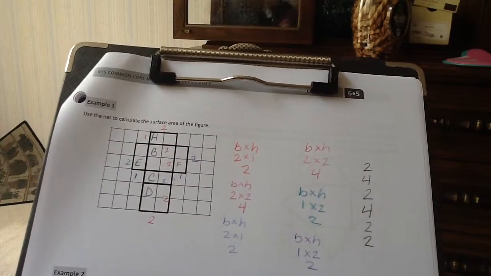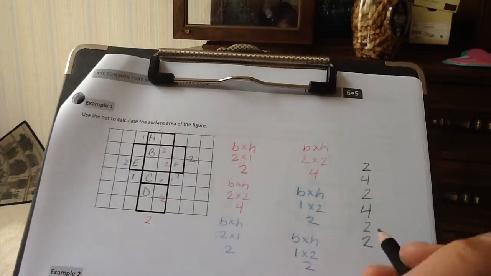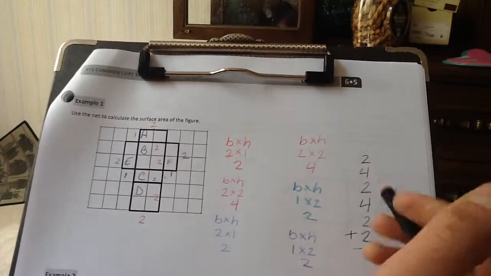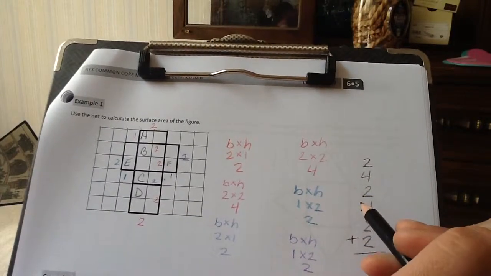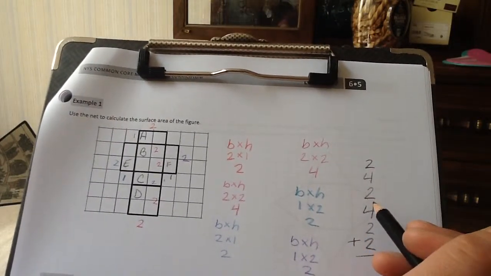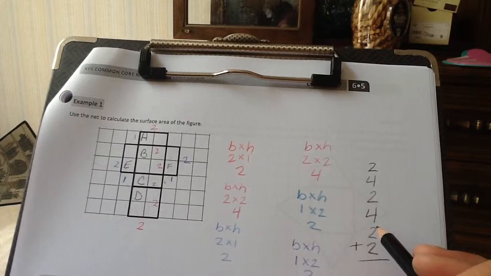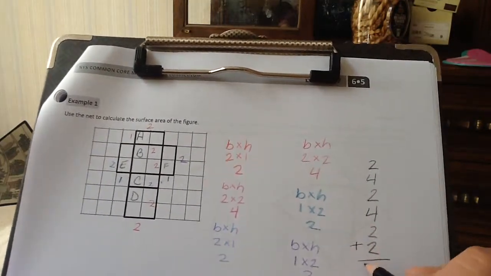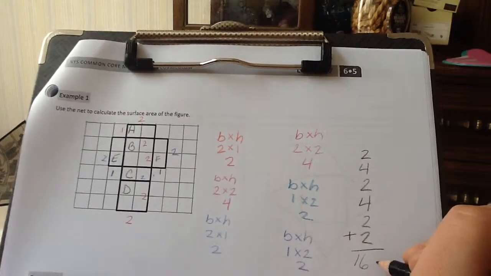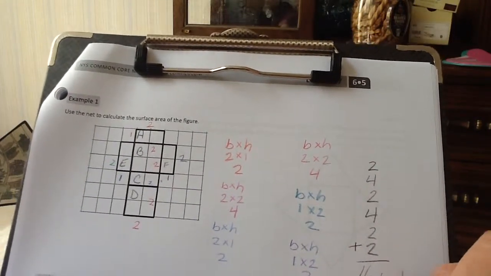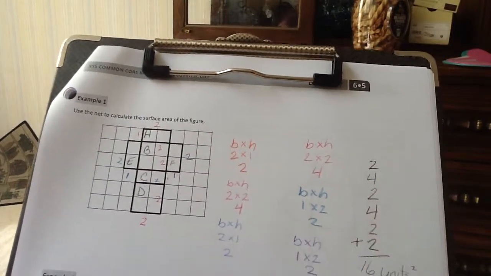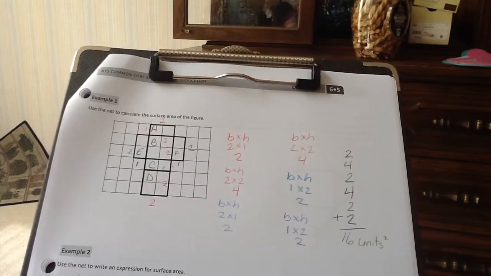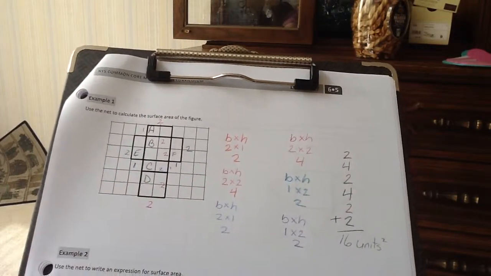So when I add up all of those figures, I come up with 2 plus 4 is 6, 6 plus 2 is 8, 8 plus 4 is 12, 12 plus 2 is 14, 14 plus 2 is 16. So 16 units squared is the surface area of this rectangular prism.